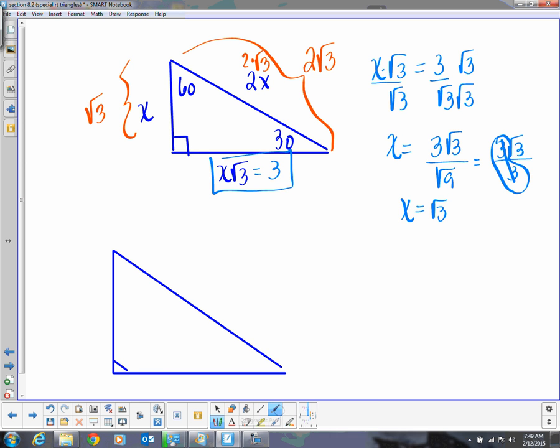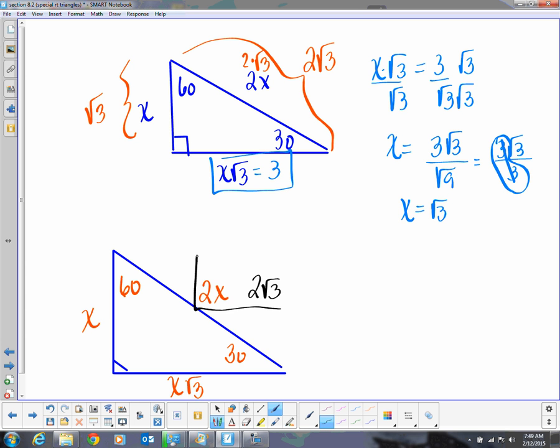That's a square root. So on 17, we're told this is 30, this is 60, opposite 30, x, opposite 60, x square root of 3, opposite 90, 2x. What do we put on these sides? They told us that this is 2 square root of 3. This is my equation. 2x equals 2 square root of 3. What do we do?